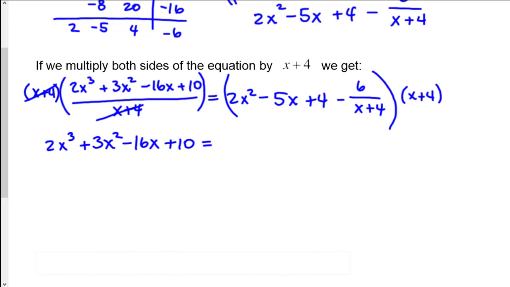On the right-hand side, the first polynomial, 2x squared minus 5x plus 4, just gets multiplied by x plus 4. But the negative 6 over x plus 4, the x plus 4's cancel, and I'm just left with minus 6.